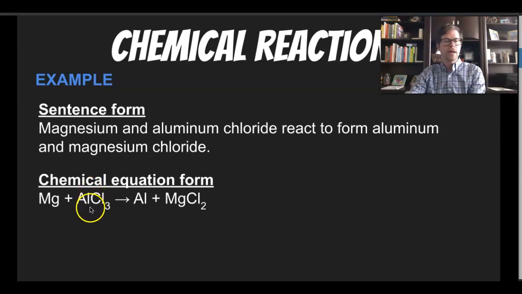So this is an ionic compound. There's a metal, there's a nonmetal, and we name it as aluminum first, or cation. And chloride, chlorine is the atom, chloride is the ion, so that's aluminum chloride. And they react to form Al by itself as aluminum plus magnesium chloride. So there's two examples doing it in either direction.